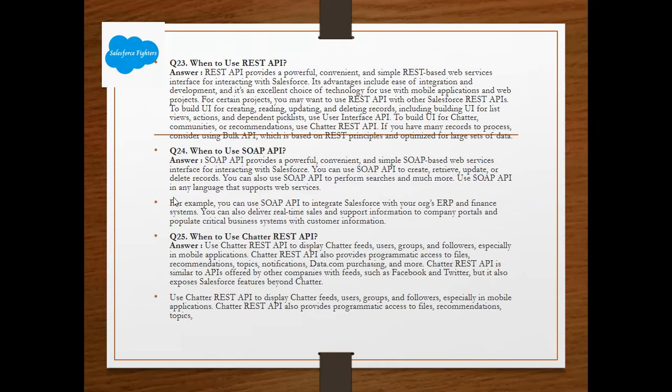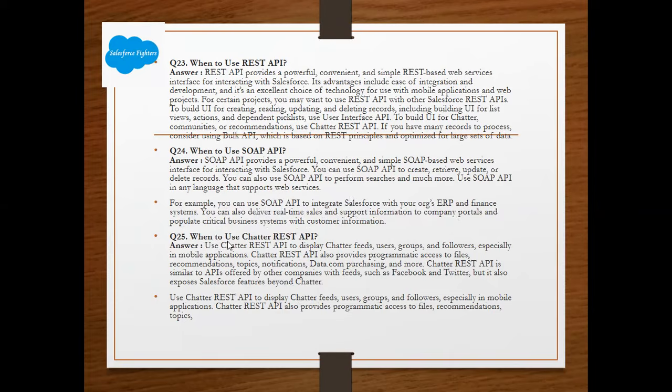Use SOAP API in any language that supports web services. For example, you can use SOAP API to integrate Salesforce with your ERP and finance systems. You can also deliver real-time sales and support information to the company, and populate critical business systems with customer information.